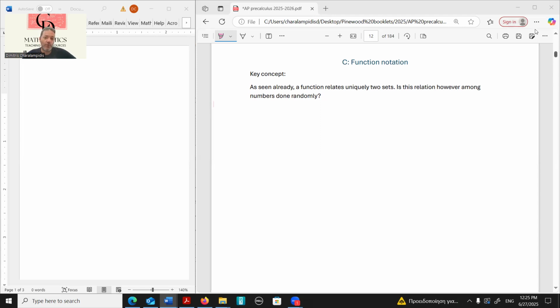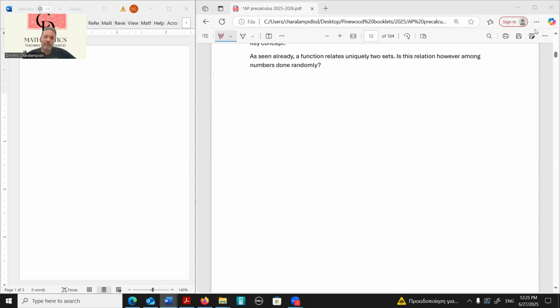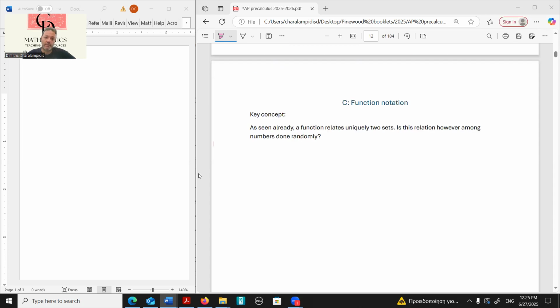Now, usually in a function, we have two sets. We have the domain, and by domain, usually, although it's not entirely restricted to it, we have the x values, and in range, it's where we collect the y values.